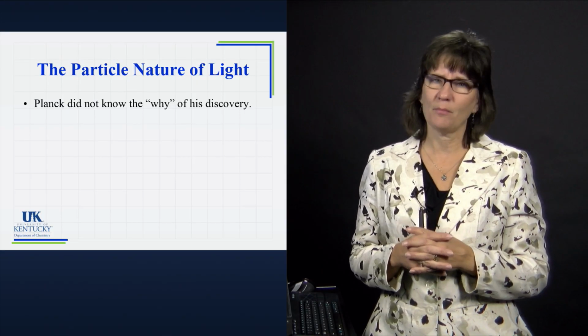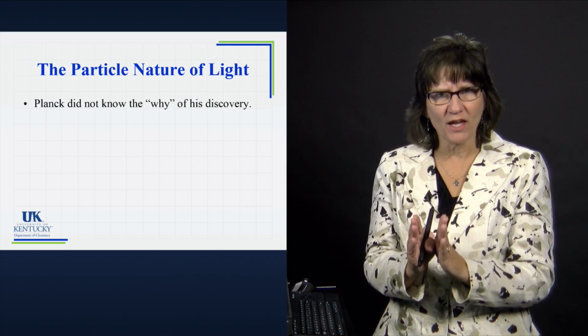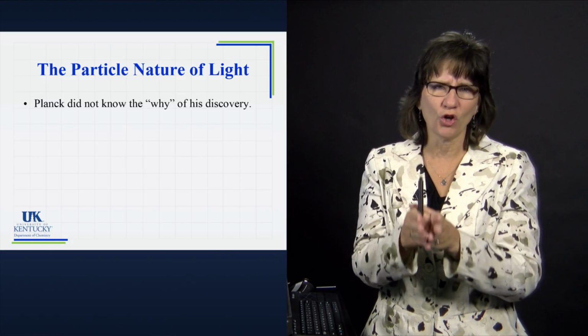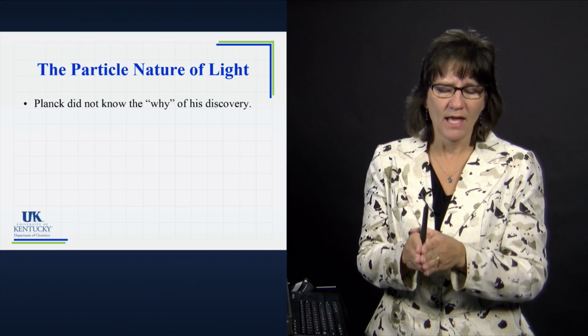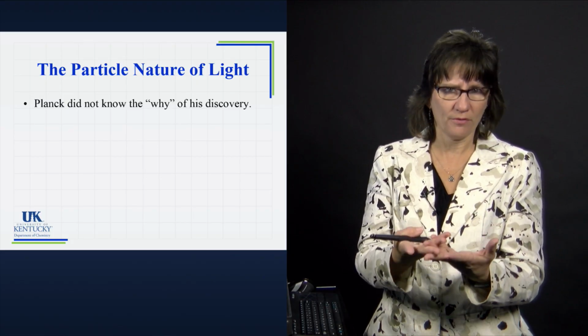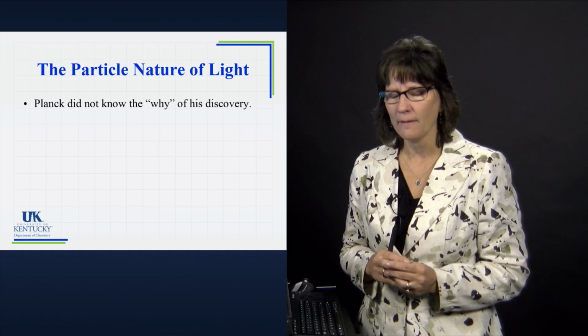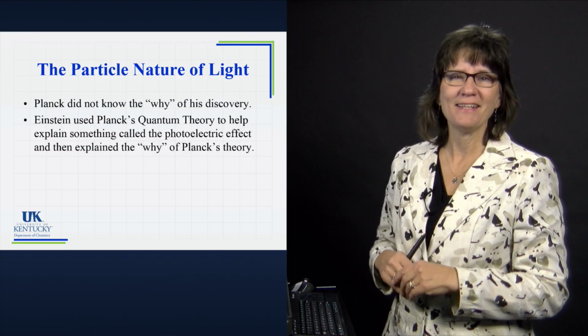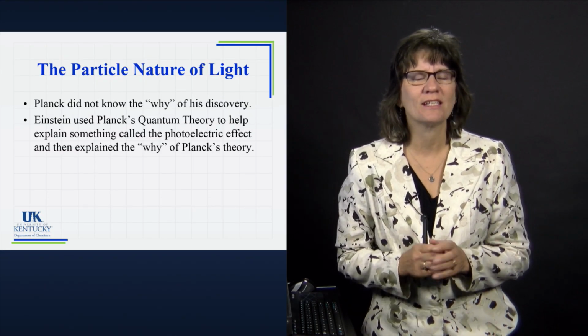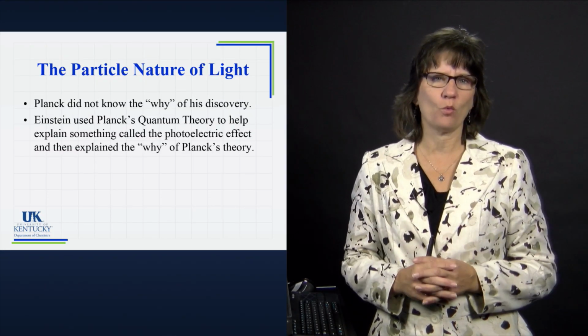Now, Planck did not come up with the why. He just did the observation. He did careful studies to observe this phenomenon happening. He is the father of quantum theory, but he could not get to the point of understanding the why. The great mind of Einstein had to come along in order to start giving us a why for what's going on.